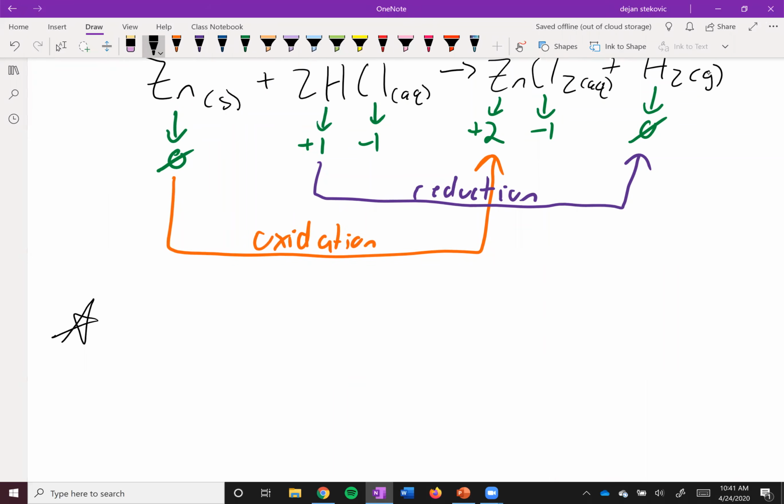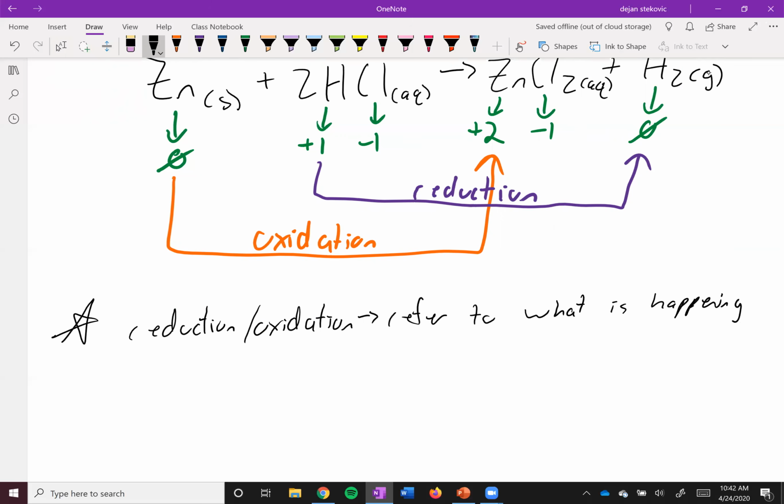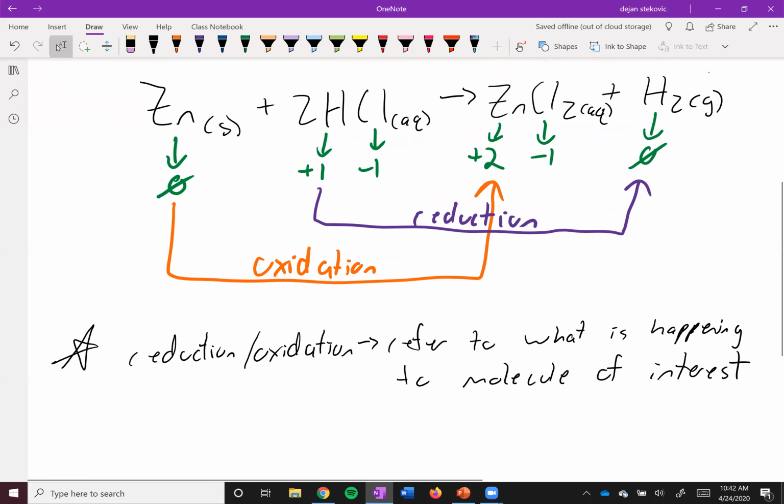Another thing you want to pay attention to and remember, reduction and oxidation both refer to what is happening to the molecule of interest. In terms of the zinc, oxidation is occurring, right?